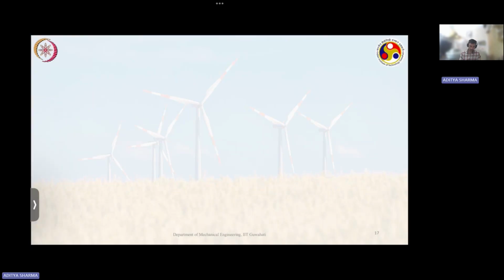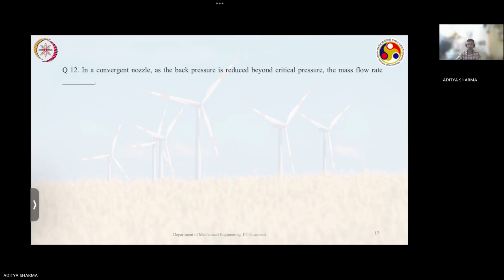Then moving on to the questions. So the question says that in a convergent nozzle, as the back pressure is reduced beyond critical pressure, the mass flow rate dash.